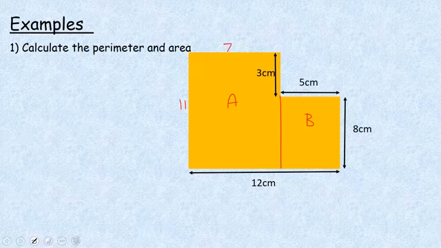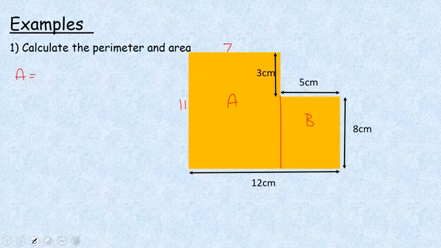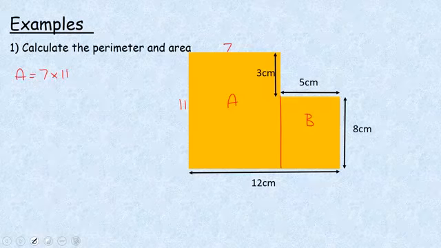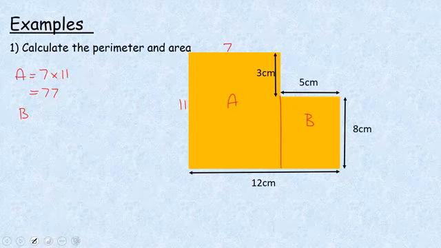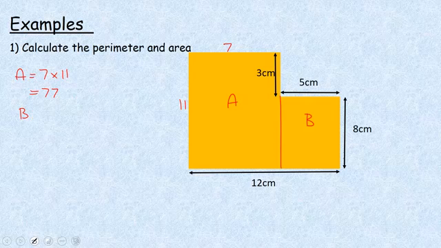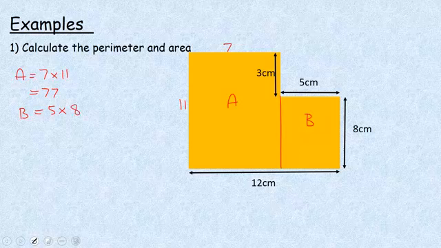So my area of A is 7 multiplied by 11, which is 77. And then B, I've got all the information I need for that. So that's a width of 5 and a height of 8. So we've got 5 multiplied by 8, which is 40.